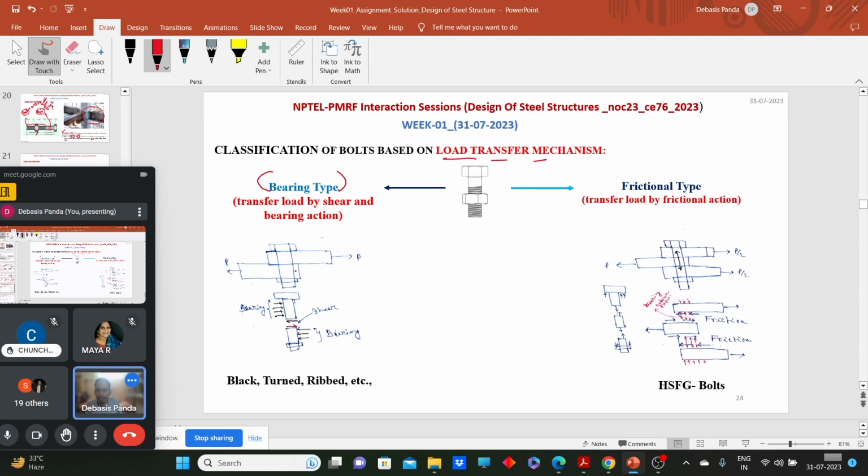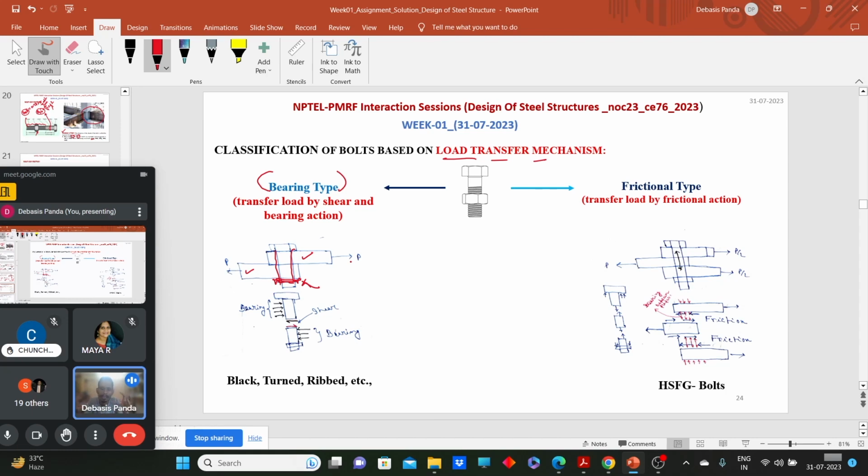Here, same thing, I have two plates. I make a bolt hole here and put a bolt here, and I am applying the load. For the bearing type of bolts, we just tighten this nut up to a certain level, so that the members are firmly joined together.